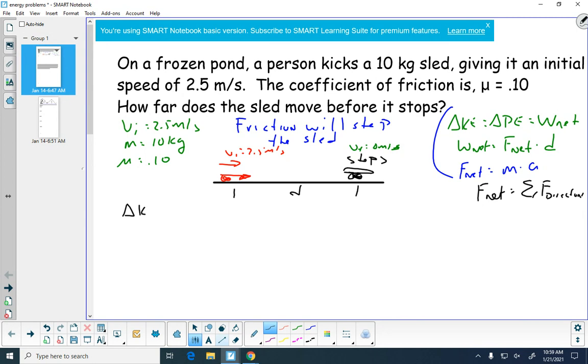Our delta kinetic energy is kinetic energy final minus our kinetic energy initial, which is 1/2 m v final squared minus 1/2 m v initial squared. Well, my final velocity is 0. My initial velocity I know.